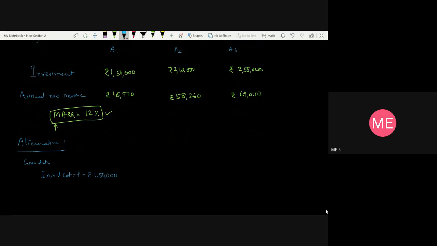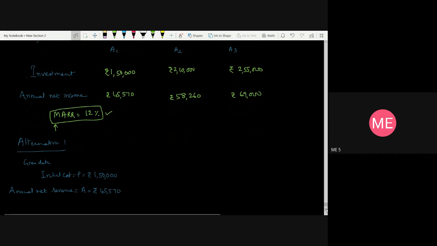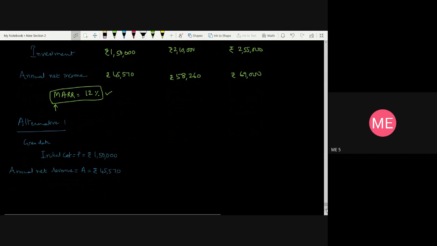Then we have the annual net revenue, which is A, because it is an annuity: at the end of every year I'll be getting 45,570 rupees as revenue for this alternative by investing 1,50,000.